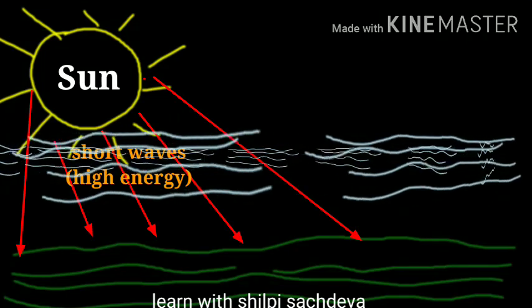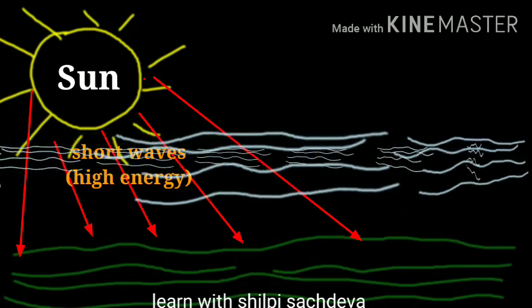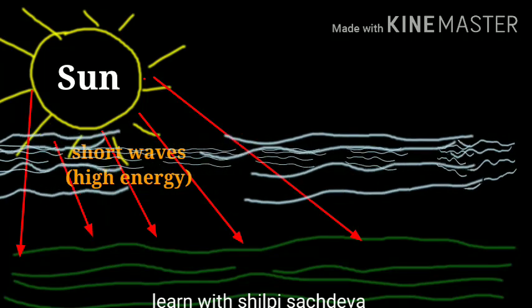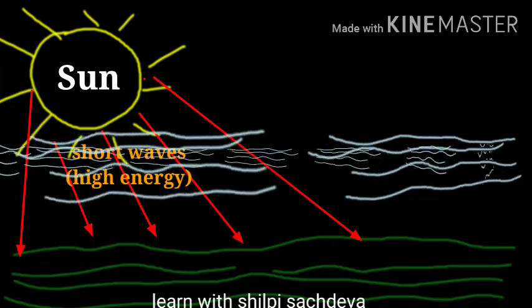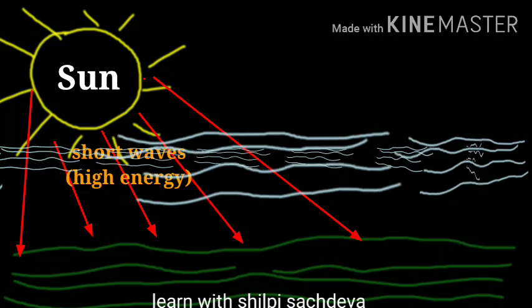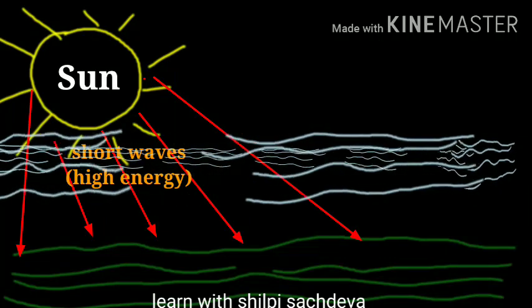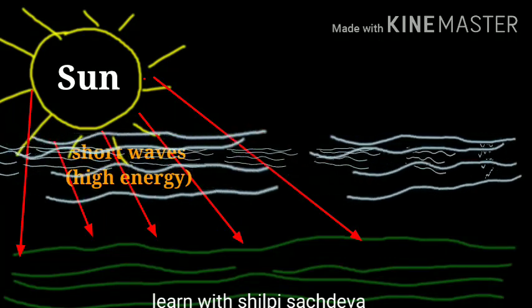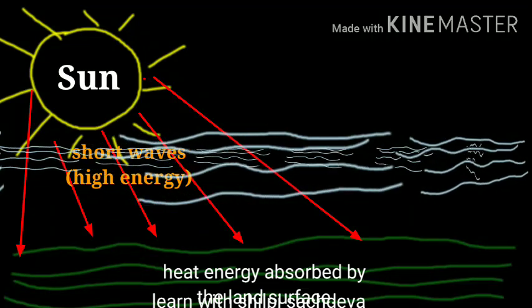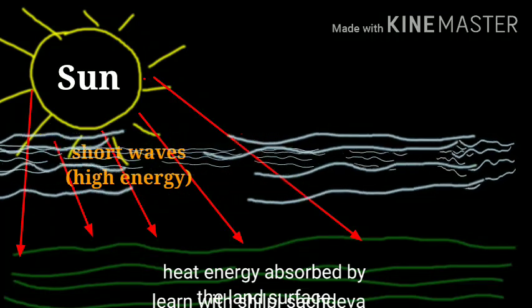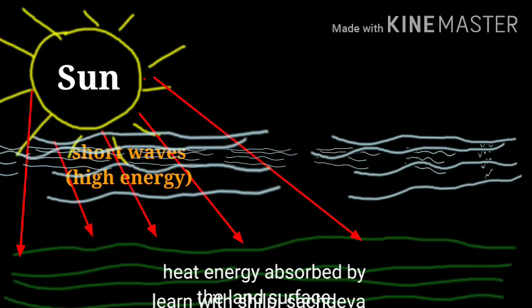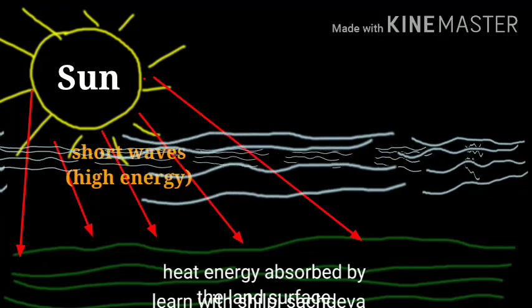Therefore, these short waves cross the atmosphere, and on striking the earth's surface, they get absorbed by the land surface. Thus, the surface of the earth gets heated.